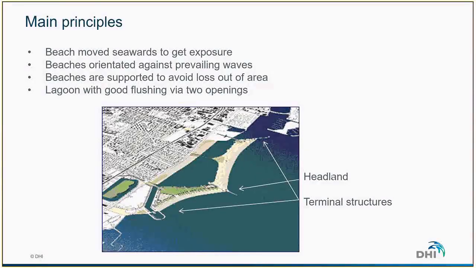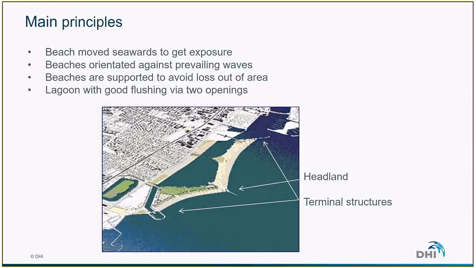And between the actual land and the new beach, we have a coastal lagoon, which will have a good flushing because it will use some of the strong currents I was mentioning before. It also has two openings, so it flushes very well. Having the coastal lagoon is also a way to minimize the quantity of sand required to construct the beach.